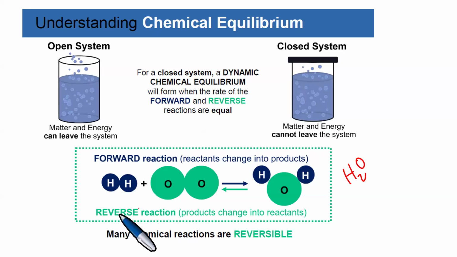But now, reverse reaction implies that the products change into reactants, meaning that if you have water, you can break water down into hydrogen and oxygen. Very technical process, though. Not very easy to do that. But many chemical reactions are reversible. Let's take a look at that.